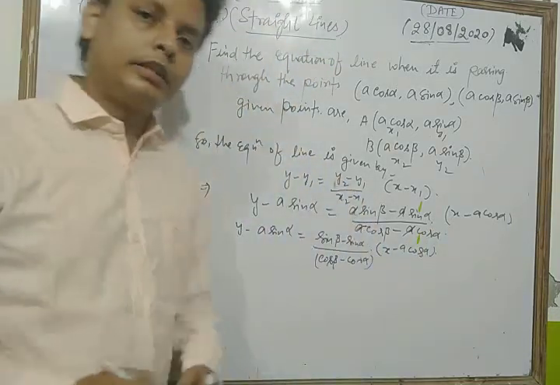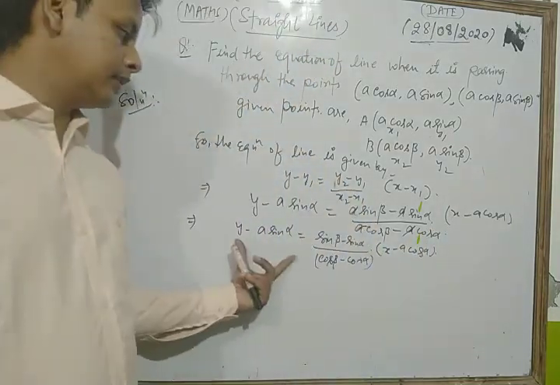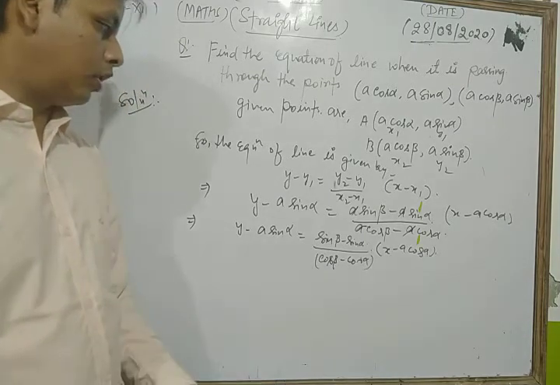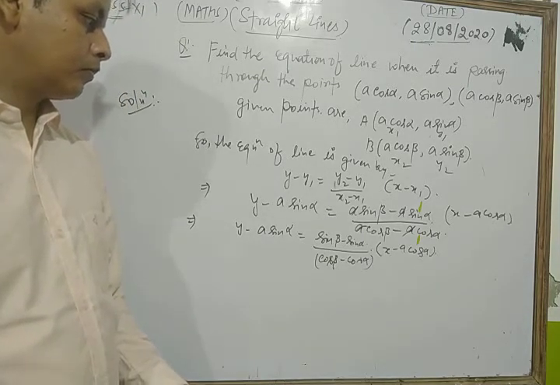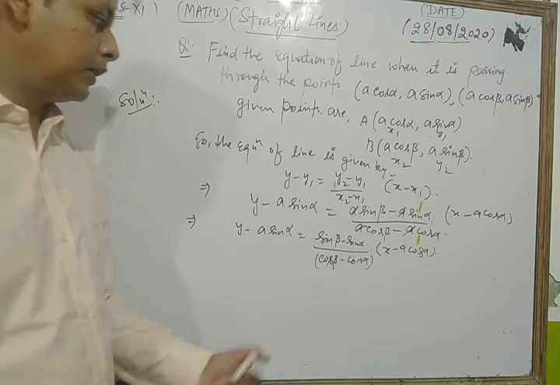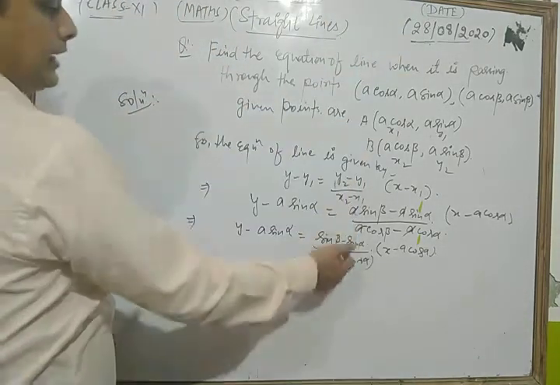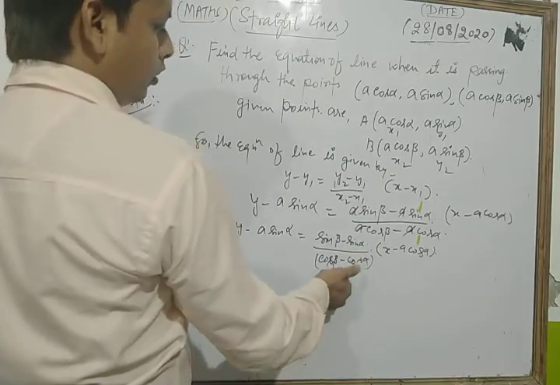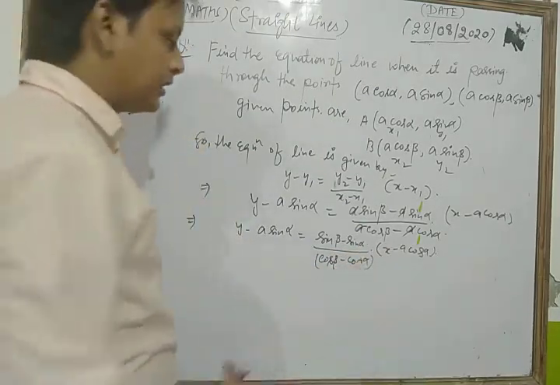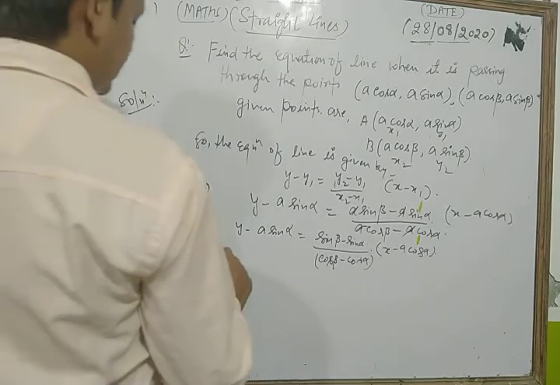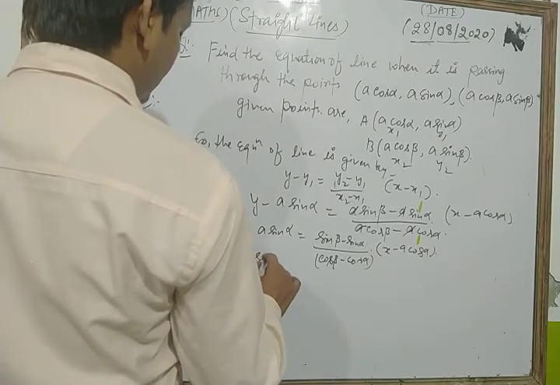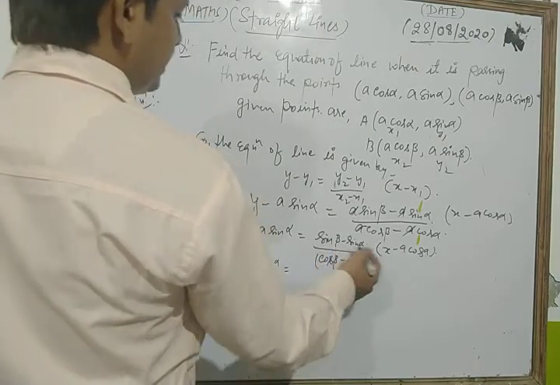Now dear student, what I do, we do cross multiplication, or we can write, let's see, we apply the formula of sin c minus sin d, and here we apply the formula of cos c minus cos d, hence we get some result. Here we write y minus a sin alpha is equal to, we apply sin c minus sin d.